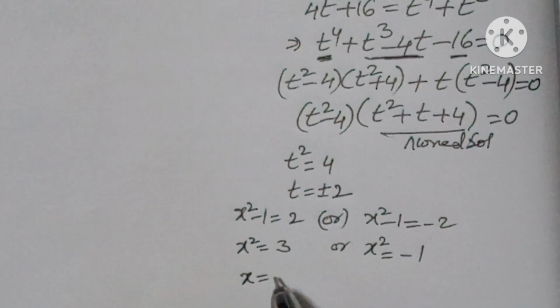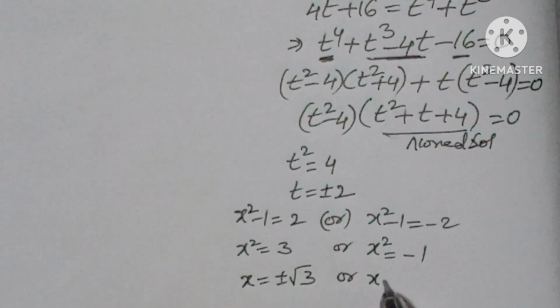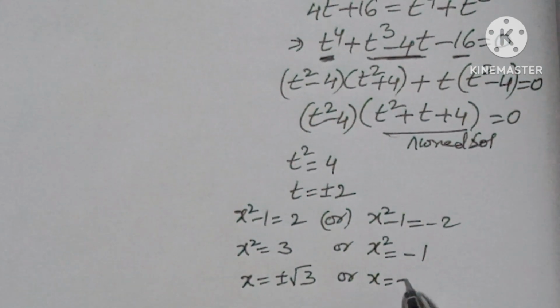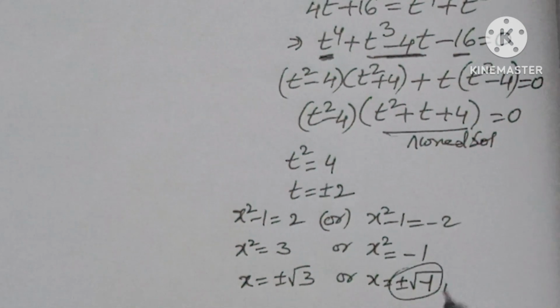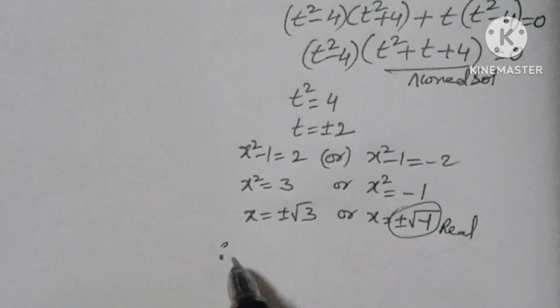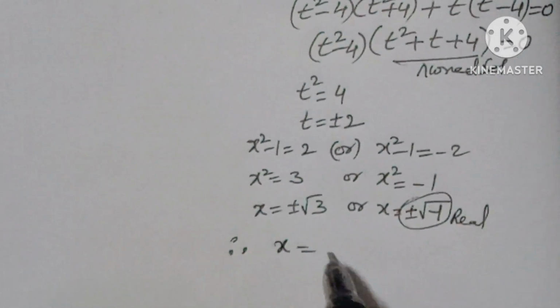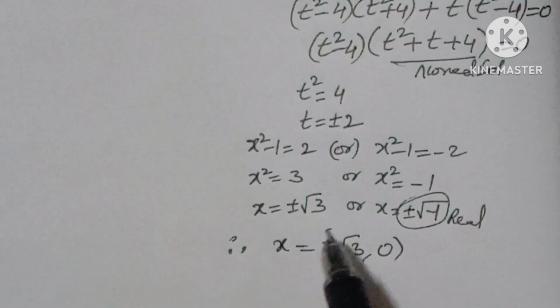So x is equal to plus or minus root 3, or x is equal to plus or minus root of minus 1, which is not real. Therefore we are getting x values plus or minus root 3, and 0.